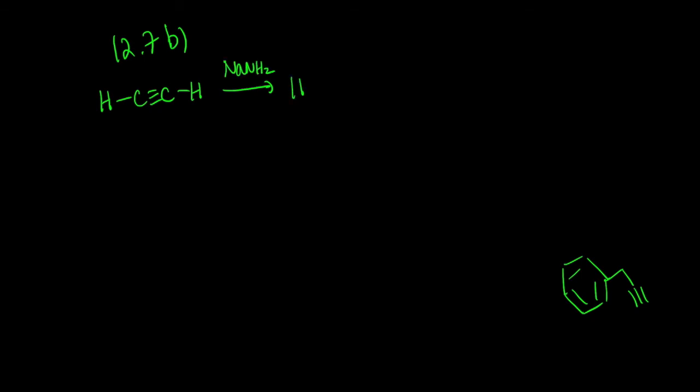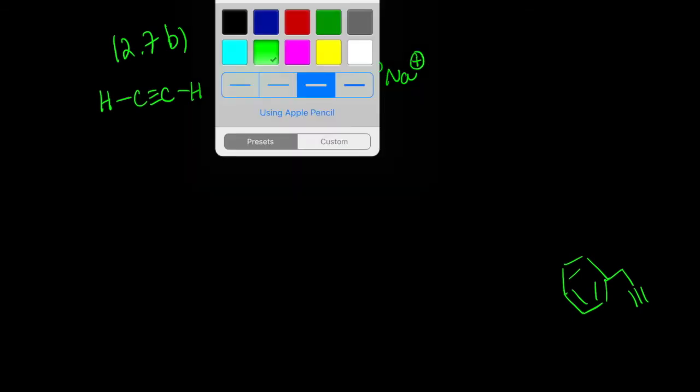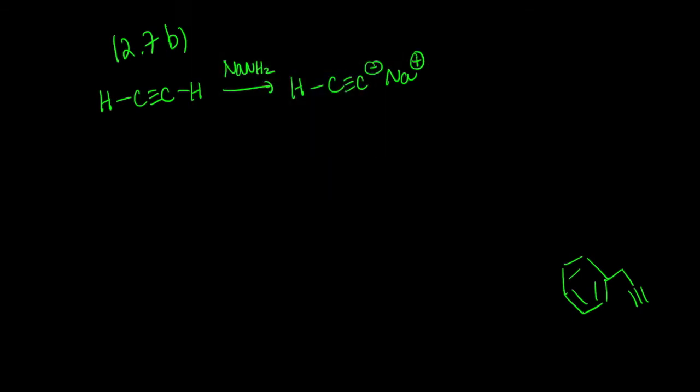Sodium amide will once again convert this to the acetylide. And then if you treat this with the provided alkyl halide, this will give you the product.